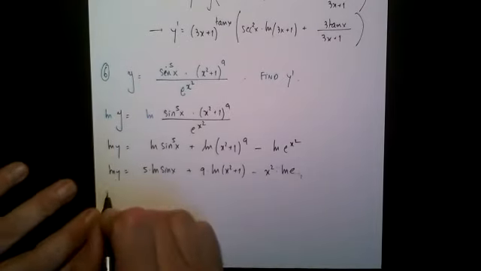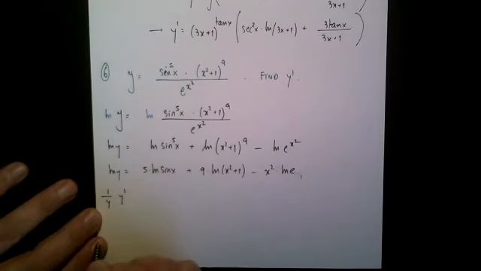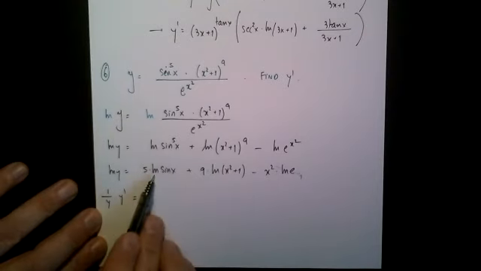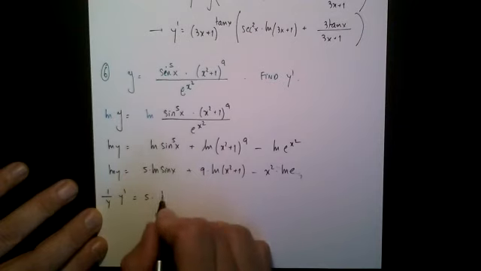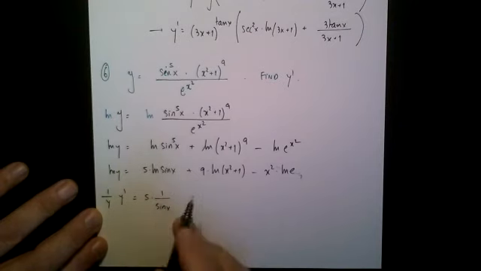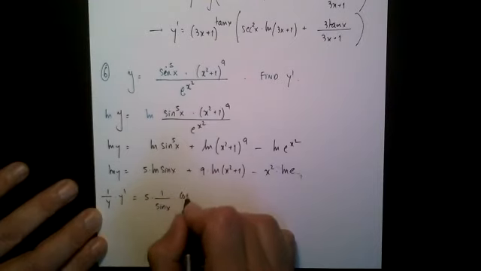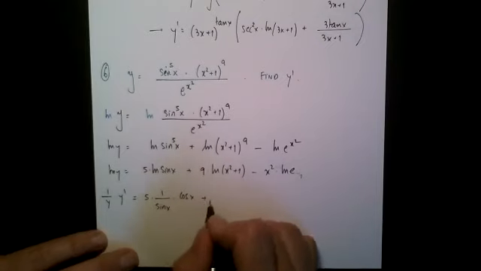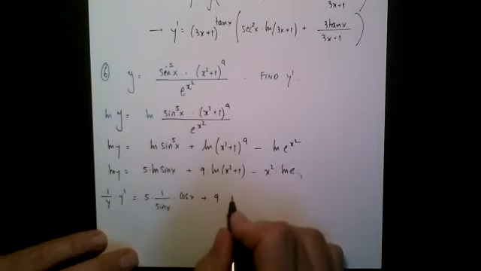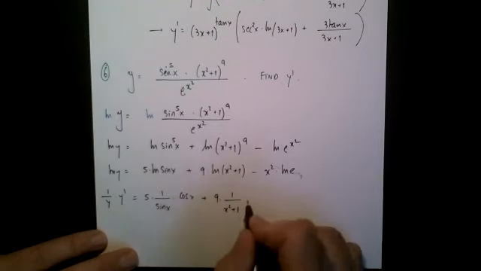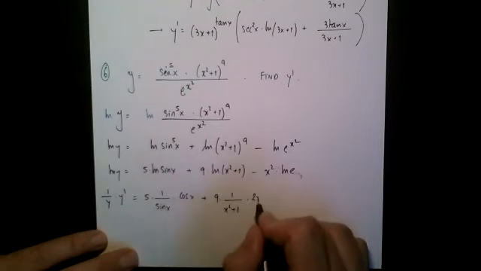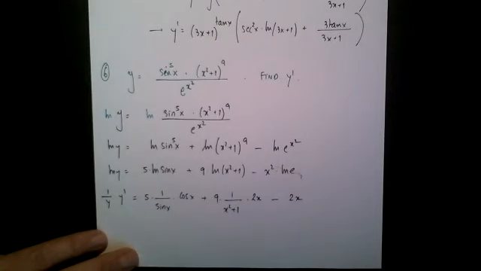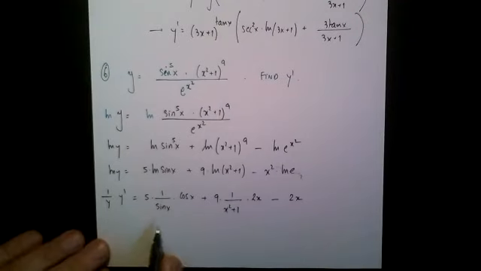So the derivative here is 1 over y times y prime, and then this will be 5 times the derivative of ln of sine, which is 1 over sine x times the derivative of sine x, which is cos x, plus 9 times the derivative of ln of x squared plus 1, which is 1 over x squared plus 1 times 2x, and minus the derivative of x squared, which is 2x. And that's it. The derivative is done.